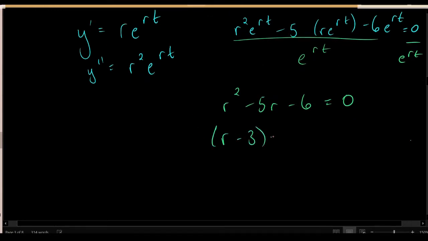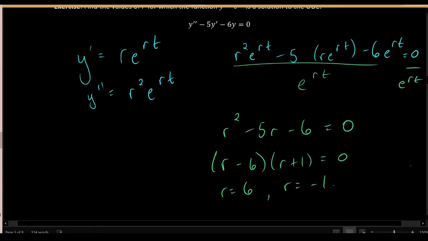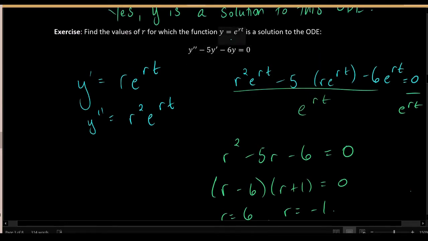So let's solve this by factoring. I think minus 6 and plus 1 will do. So r could be equal to positive 6, or r could be equal to negative 1. These two values of r will correspond to a function which is a solution to this equation.